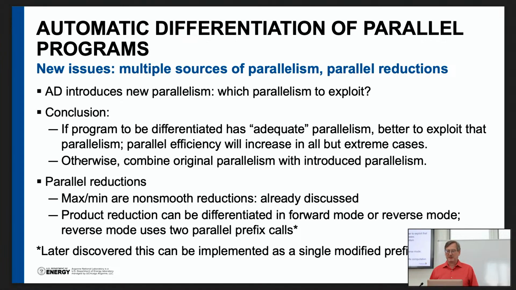Later, we realized that you can actually modify the parallel prefix algorithm so that you can do just a single modified prefix computation in order to get that derivative directly, and you don't have to do these 2 prefix operations.